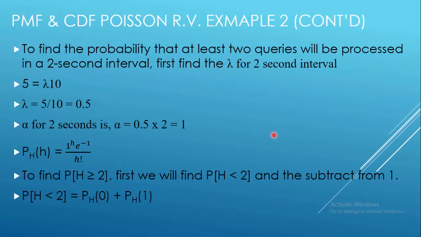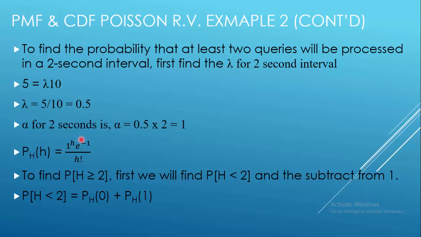So how do we get this alpha? We simply say 5 is equal to lambda multiplied by 10. So 5 is the given value, we multiply the arrival rate lambda, which we have to calculate, by 10. So lambda is equal to 5 divided by 10, which is 0.5. So in this case alpha is equal to 0.5 multiplied by 2, which is 1.